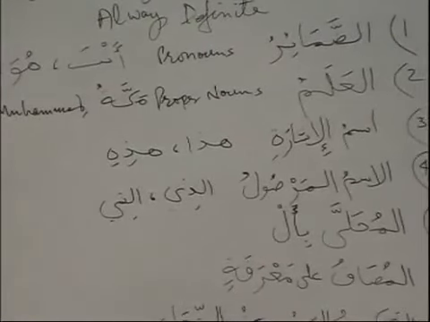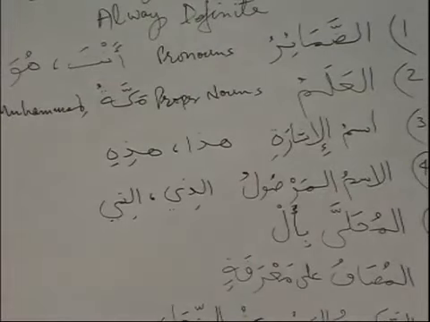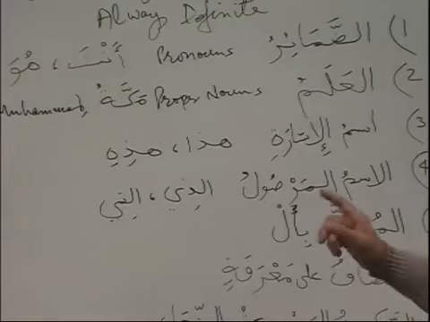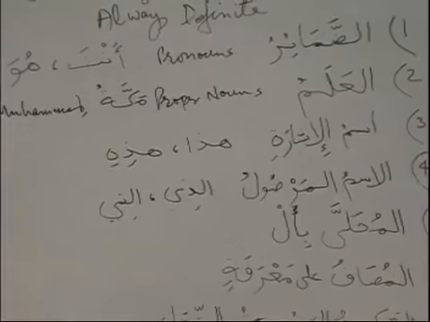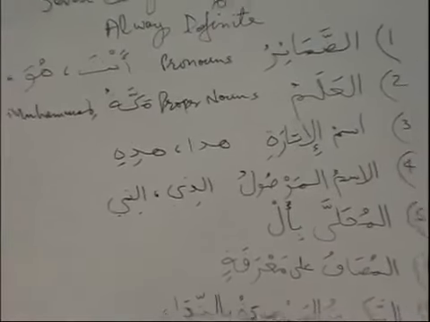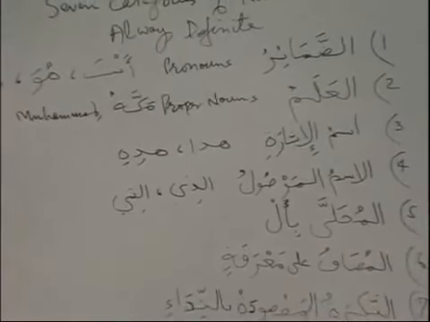Okay? And then an-nakiratul maqsudatu. What is the meaning of maqsudatu? Aimed at. It's an indefinite noun, but it is aimed at by using harfu nida, by calling. So then that indefinite noun becomes definite.